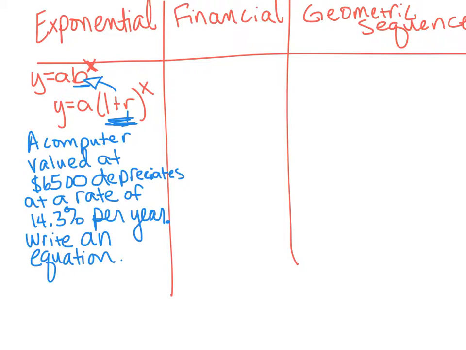A computer valued at $6,500 depreciates at a rate of 14.3% per year. We want to write an equation to model this. So we know it's exponential because it's decreasing by a percentage every year. Looking for our important values, its value is 6,500.